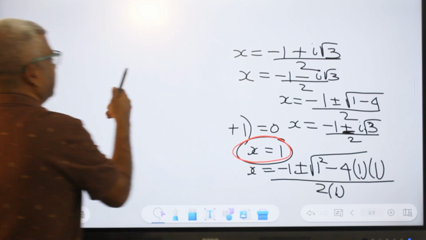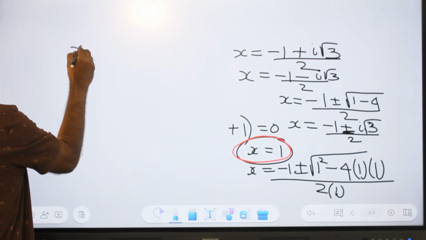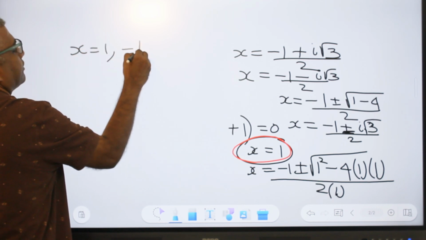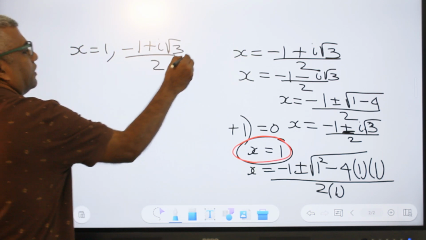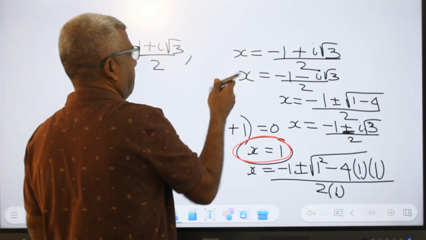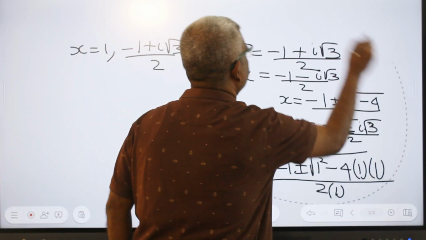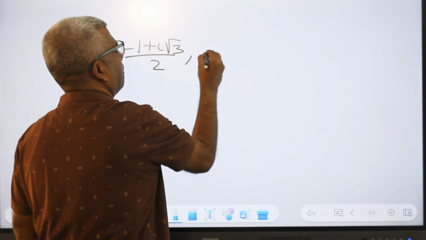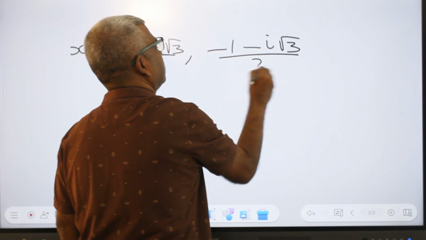Now see that the roots are 1, minus 1 plus i root 3 by 2, and minus 1 minus i root 3 by 2.